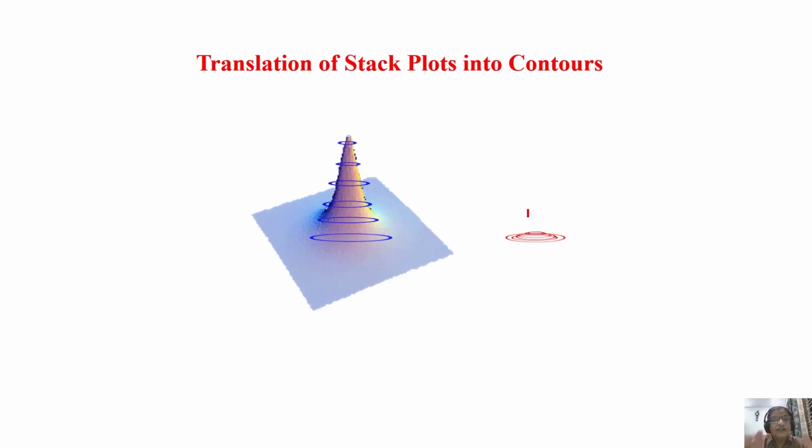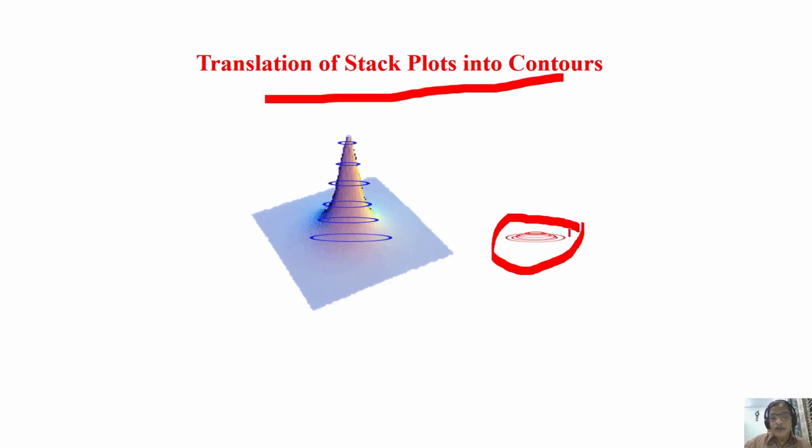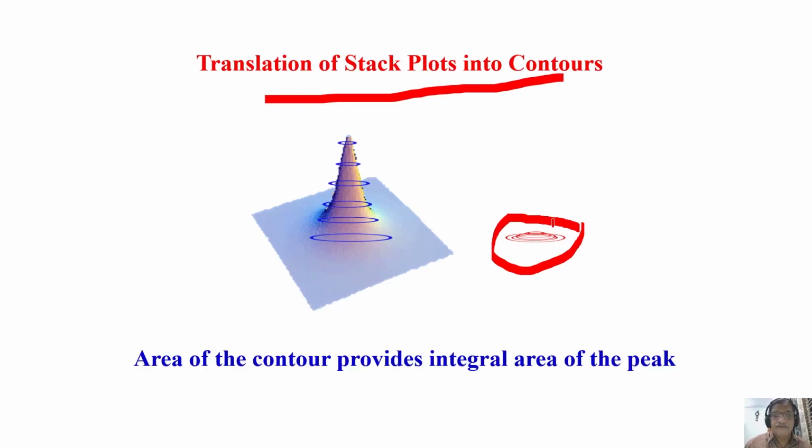This is how the stack plots have been converted or translated into contours. Now this representation is much easier, is it not? Compared to this, this is very clumsy. One peak is fine, but if you have 100 peaks or 1000 peaks, you cannot have it like this. It is very clumsy to see. That's why these stack plots are nowadays represented as contours. This is the way you undergo the translation.